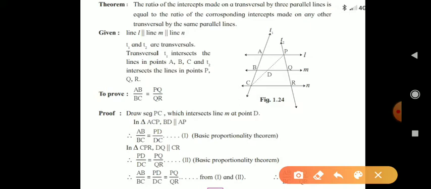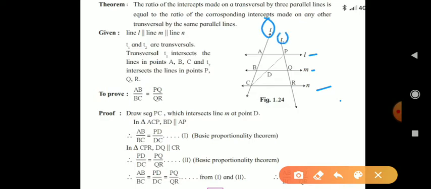So according to this theorem, if there are three parallel lines and these parallel lines have two transversals, then the ratio of intercepts made by the first transversal is equal to the ratio of intercepts of the second transversal. From the figure, these three parallel lines L, M and N are the three parallel lines and their transversals are T1 and T2.